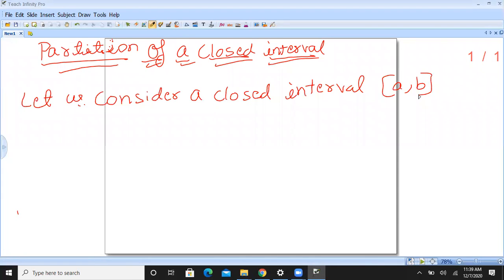So this is a definition of partition of a closed interval. Let us consider a closed interval [a, b], where a, b belong to R, capital R. Capital R are real numbers.